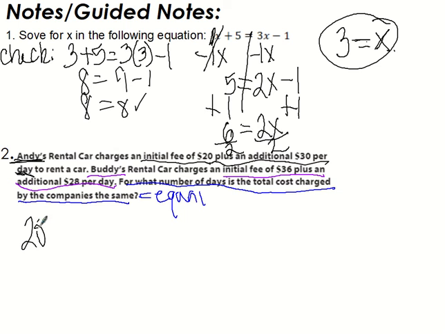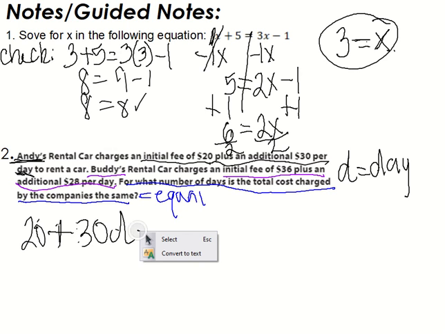So 20 is our constant, plus, it even tells us it's plus $30 a day, per day. So I'm going to put D for our variable, D equaling day.